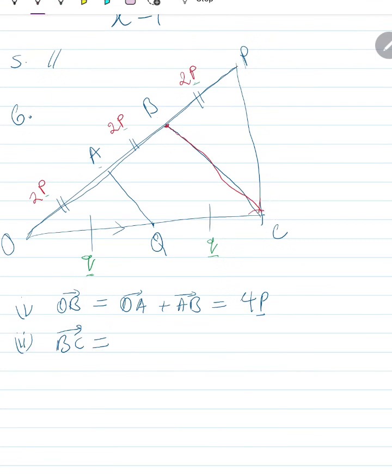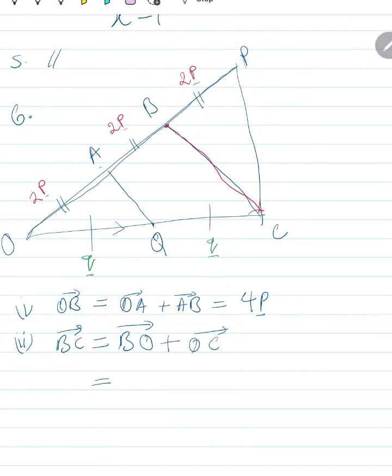So BC in this order will be: your starting point is B, so it's B, and then you go to O, then plus O to C. So starting point is B, ending point is C. So now, what is BO?